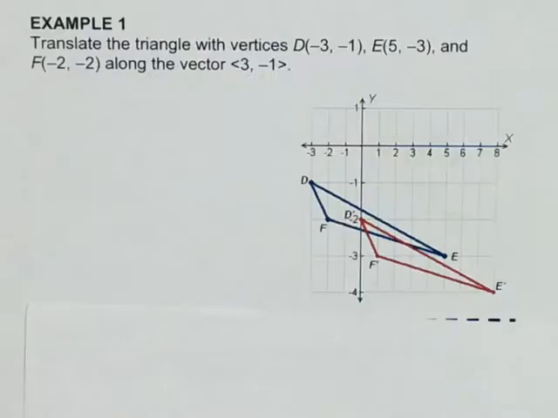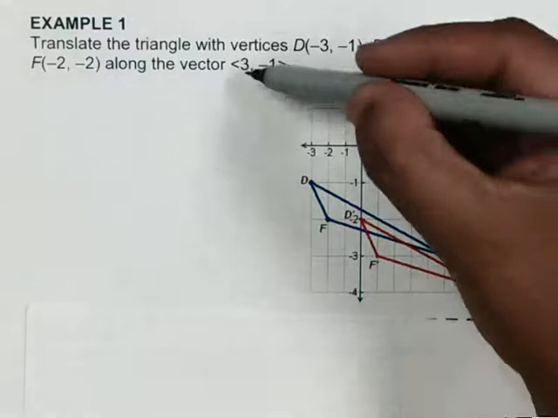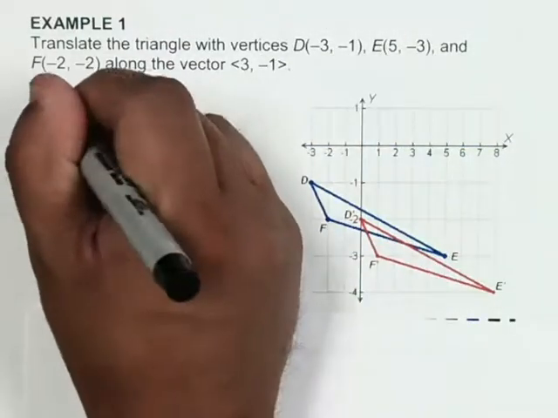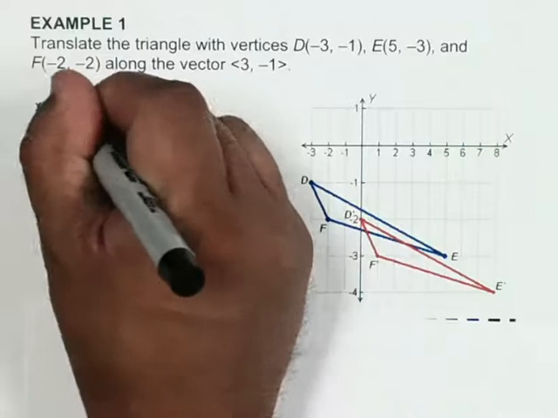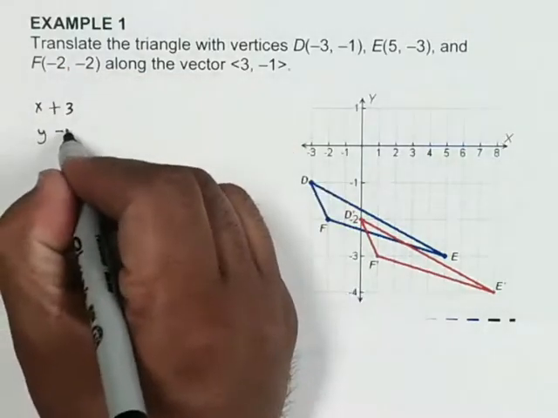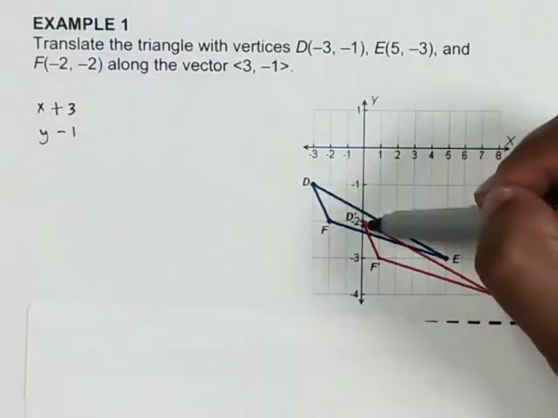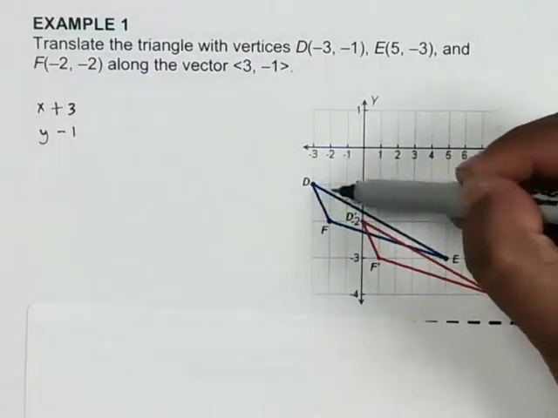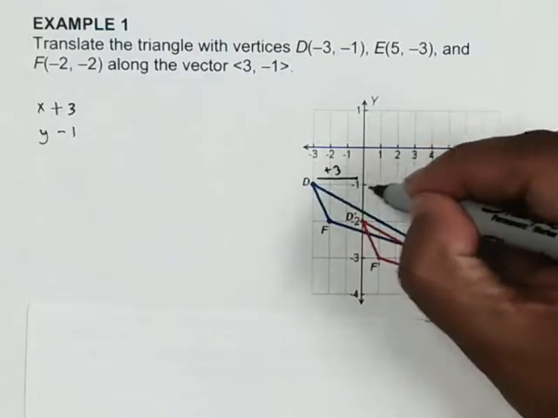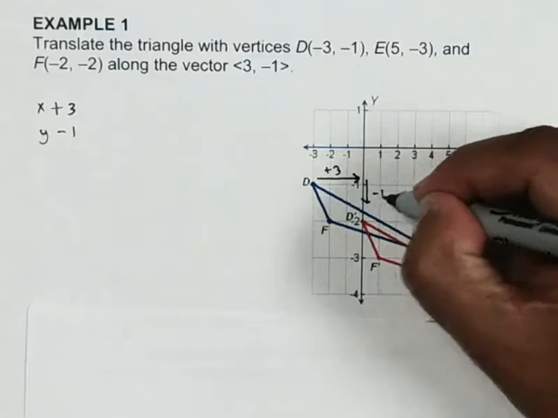Alright, so example 1, I'm just going to describe that change. Here's your D, E, and F coordinates, and then this vector means really that I'm adding 3. You're taking your x value and adding 3 to it, and then you're taking the y value and subtracting 1 from it. So if you notice, from D to D prime, we went right 3 units, so this distance would be plus 3, and then I would go down 1 unit.